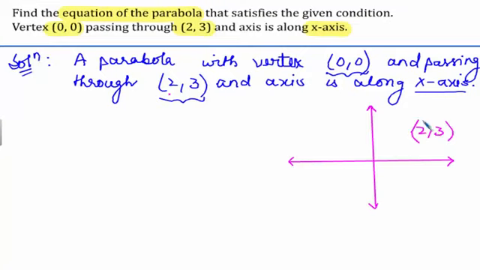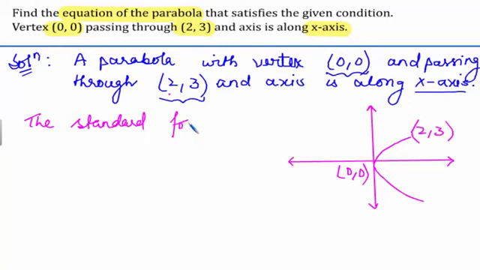Suppose this is the parabola, and we know that for this type of parabola, the standard form of the equation is y square is equal to 4ax.